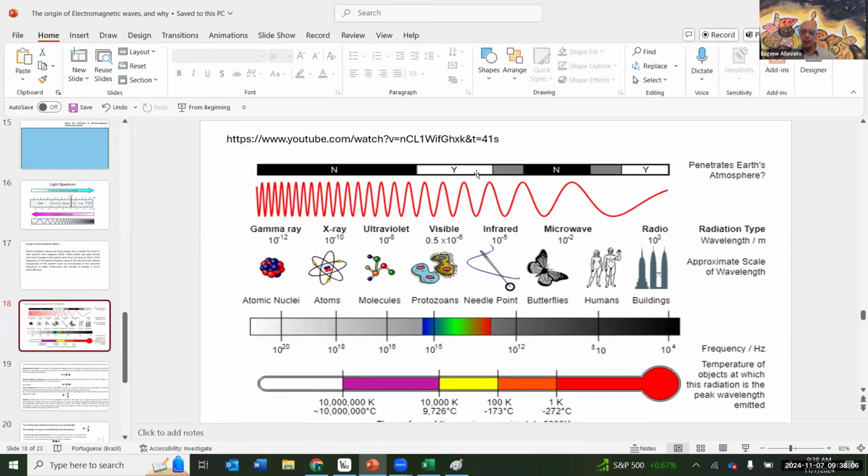The visible light, thank God, goes through the atmosphere so we can see things. Microwave does not. And radio waves go through. And this is also another blessing because otherwise astronauts that are on the moon would not be able to communicate with us.